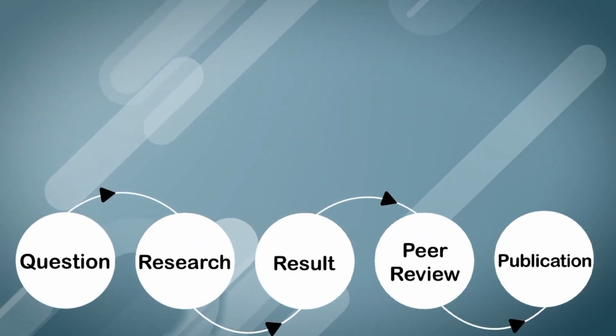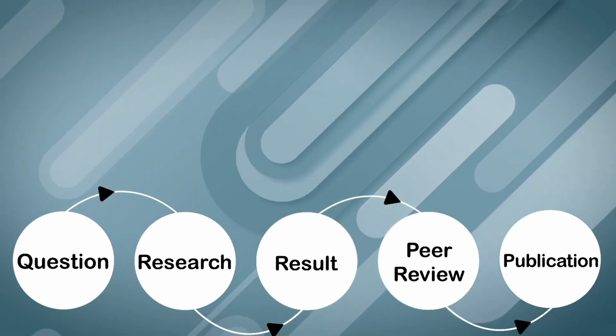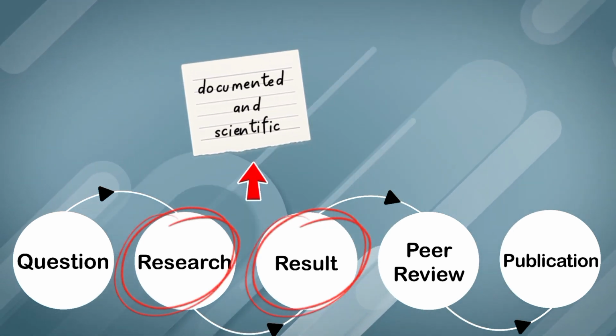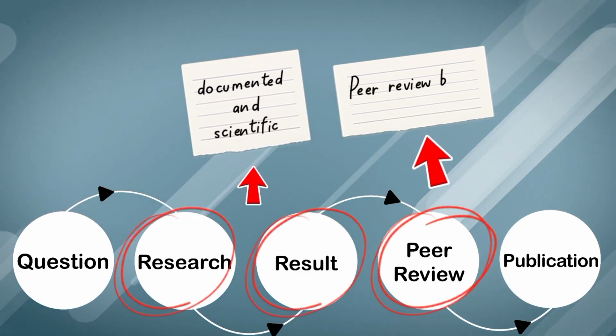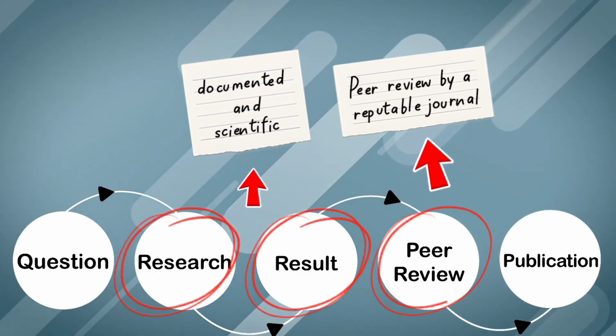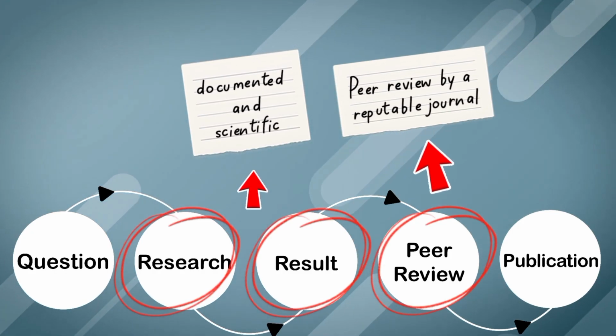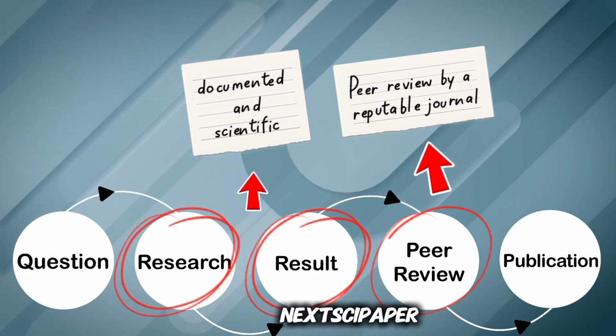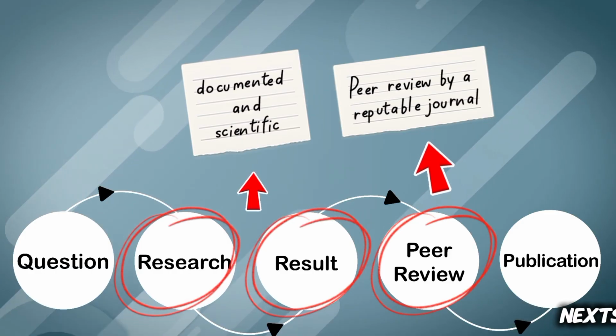A work enters the scientific literature only when it has three essential features. It is documented, it is scientific, and it is published in a reputable journal after peer review. Any writing that has not gone through this process, even if credible and useful, is placed in the category of gray literature.